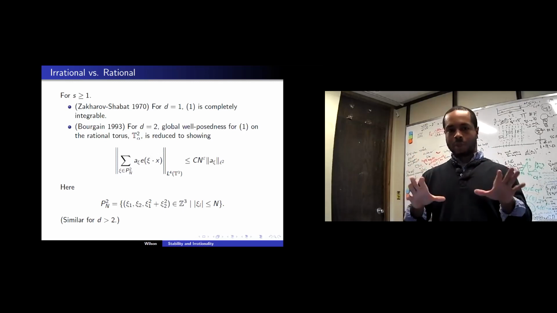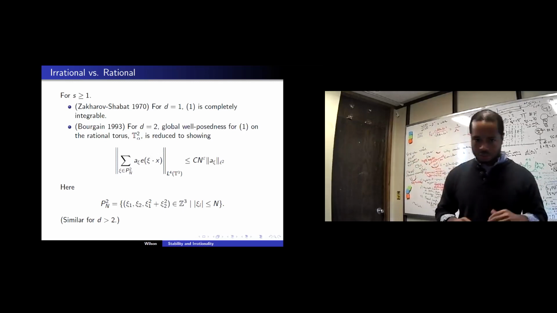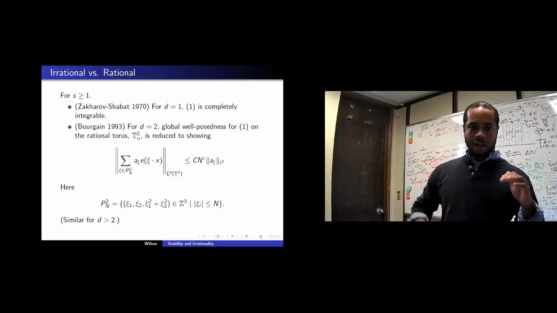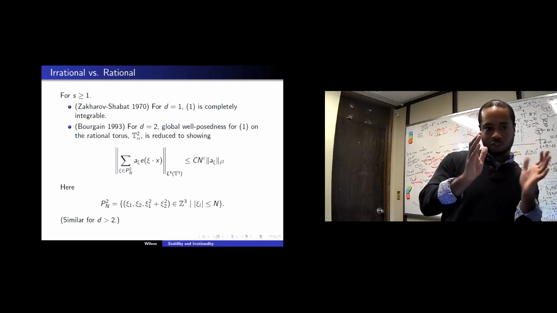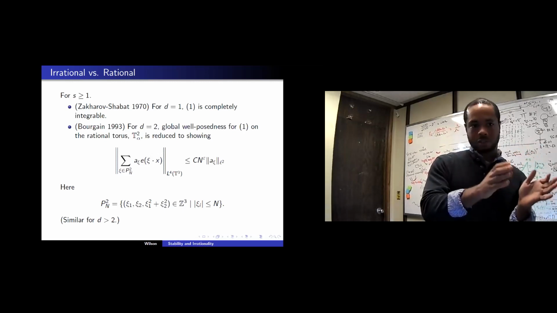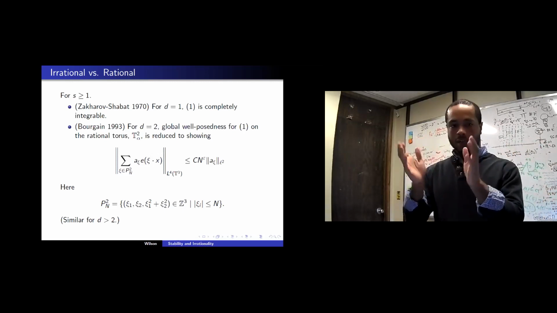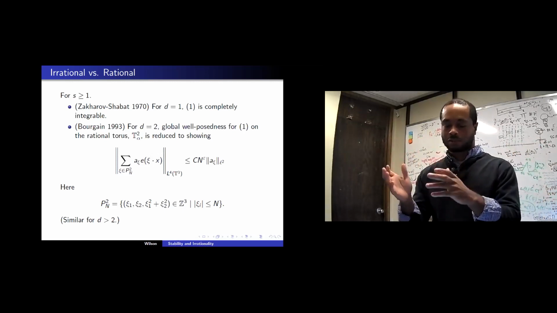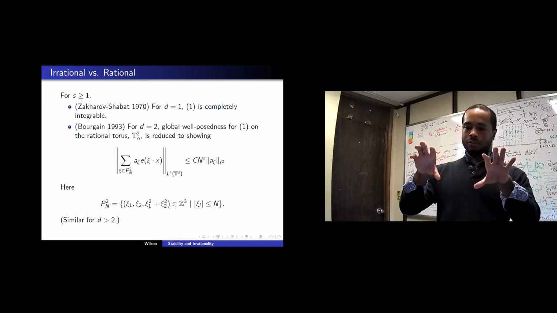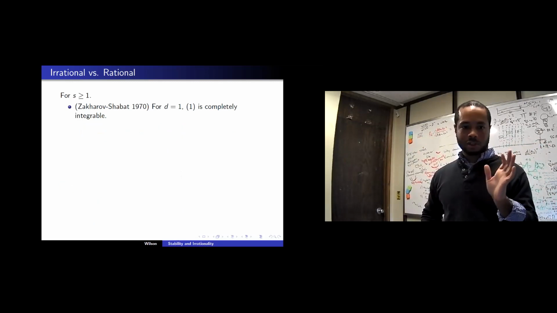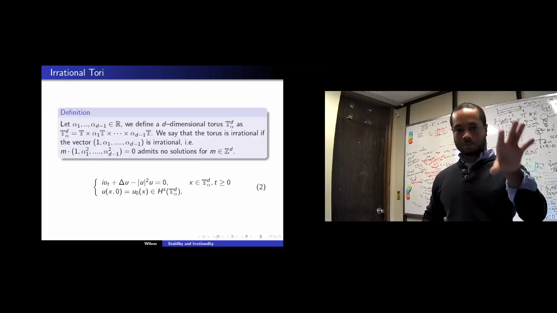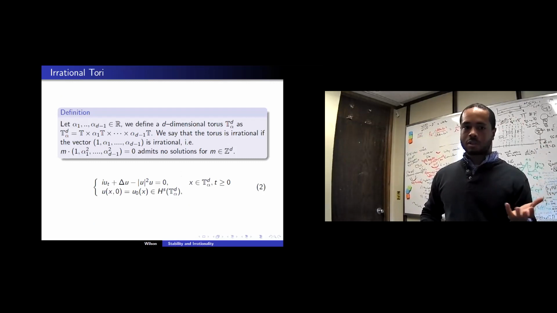Again, I have to be a little careful here. My definition of an irrational torus and my definition of a rational torus do not cover all cases. So let my irrational torus be defined this way, but for my rational torus, I want the actual vector, not the square vector, to be rational.